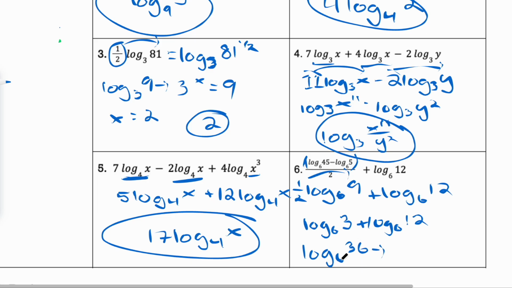Now, what do we learn this is in terms of exponents? Well, this is 6 to some power x equals 36, if we're just rewriting this out. Well, that x value is actually going to turn out to be what? My bad. It's going to turn out to be 2. 6 squared equals 36.